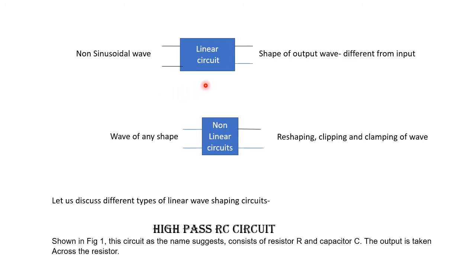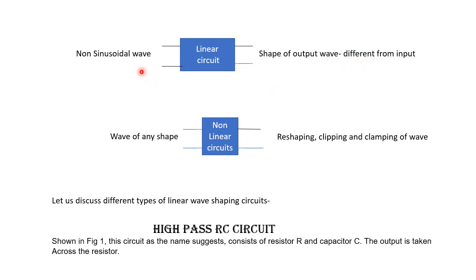Now we are studying a linear circuit, and at the input a non-sinusoidal wave is applied. As we will see later in further slides, we can observe that in this case the shape of the output wave will be different from the shape of the input wave.